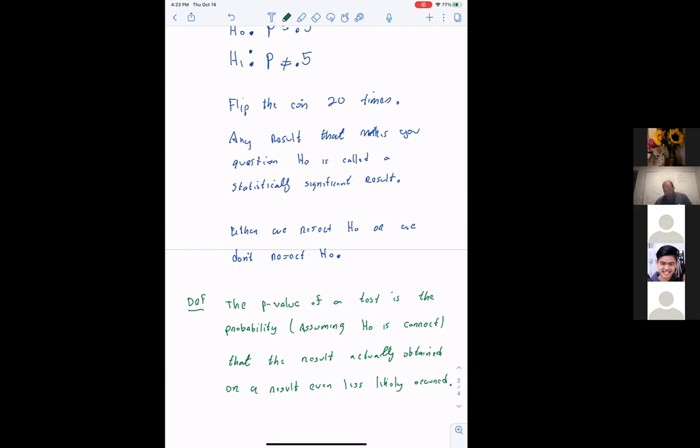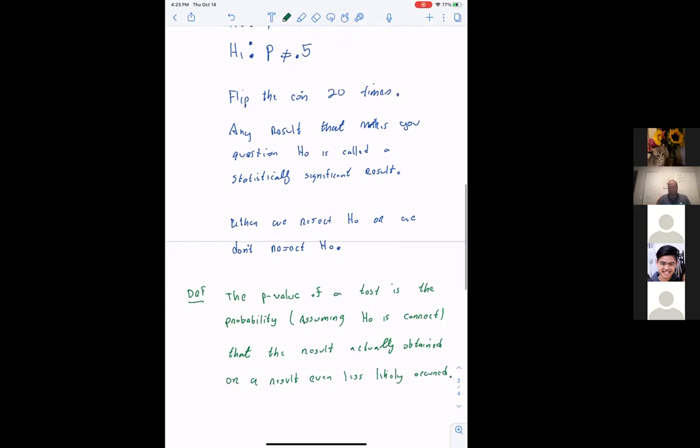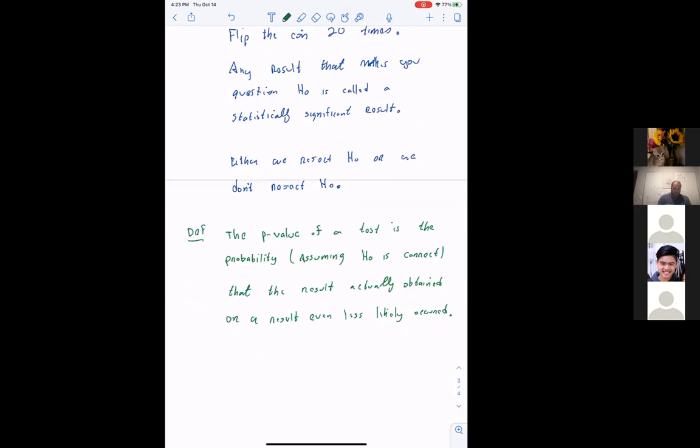This is the p-value. If the null hypothesis is truly correct, this is the chance that you would have gotten the result that you actually got. Now, small p-values make us do what?